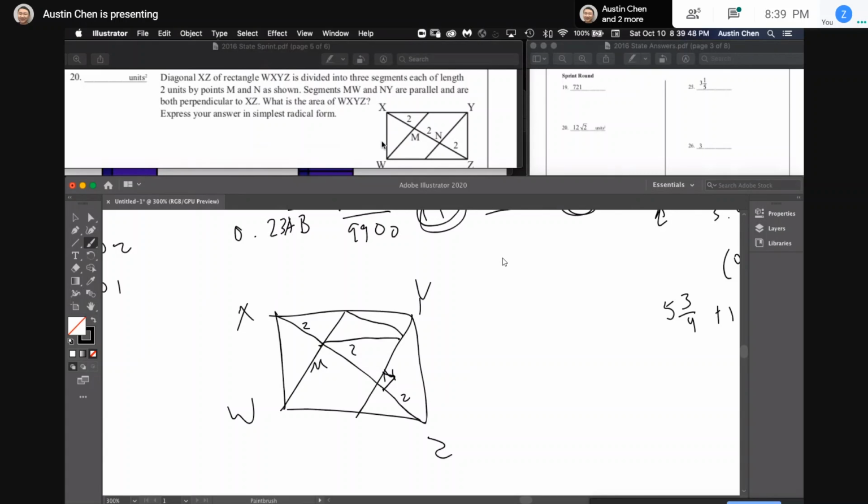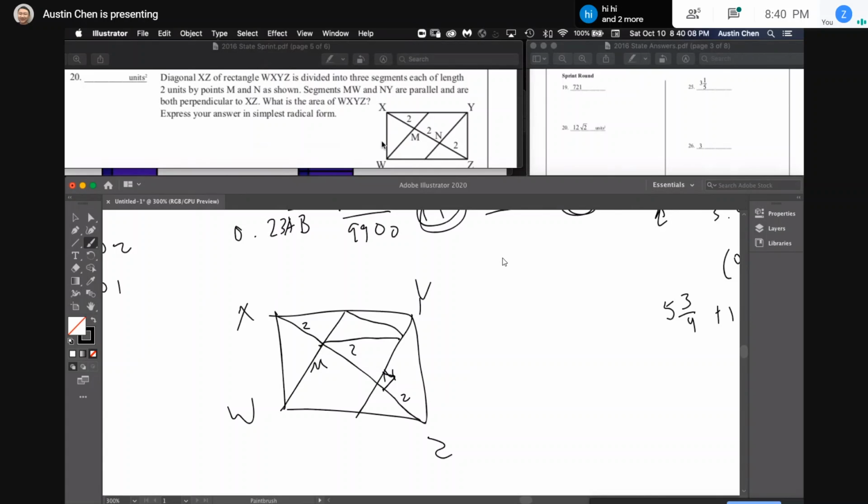Also, if you notice, there are a lot of similar triangles in this case. XMW is similar to, like, every triangle in here is similar to each other basically. That's also something worth noting.